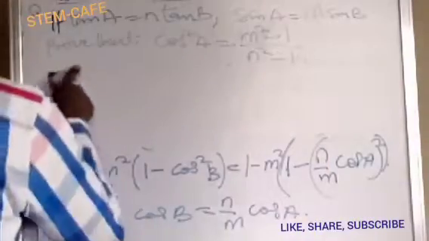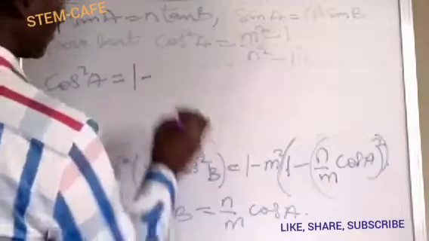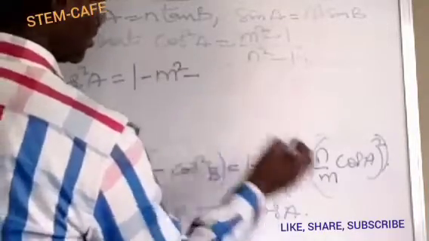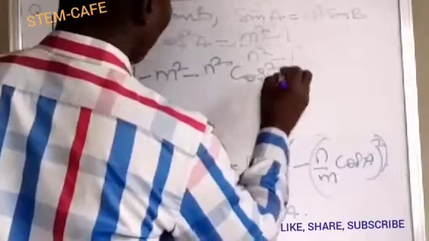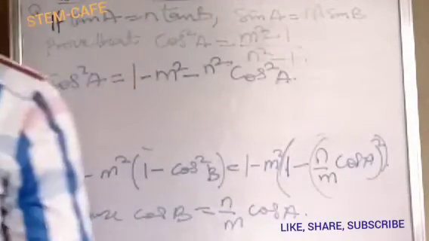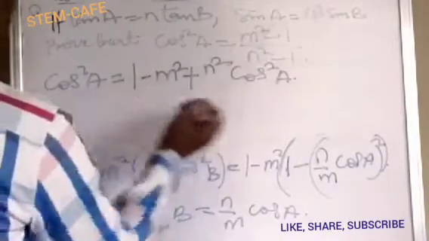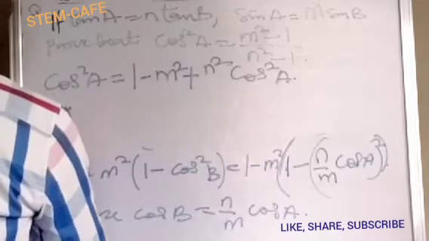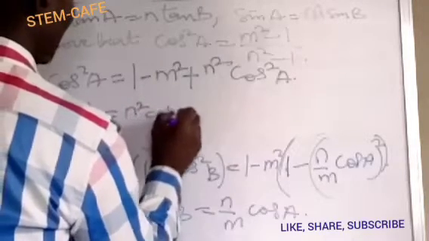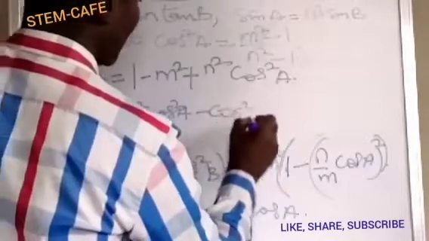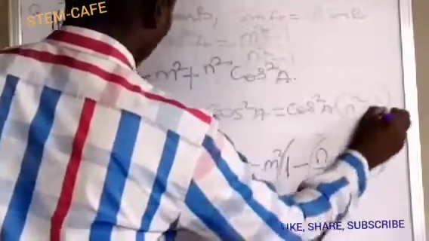So cos square A is still equal to 1 minus m squared plus n squared cos square A. Collecting like terms, I'm going to have it like this: 1 minus m squared will be equal to n squared cos square A minus cos square A, which will be equal to cos square A into n squared minus 1.